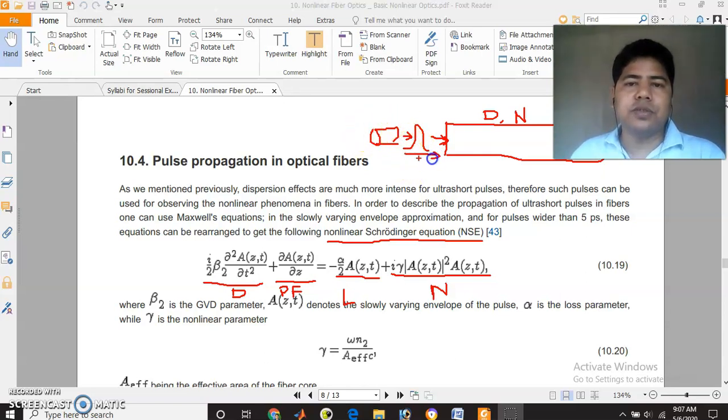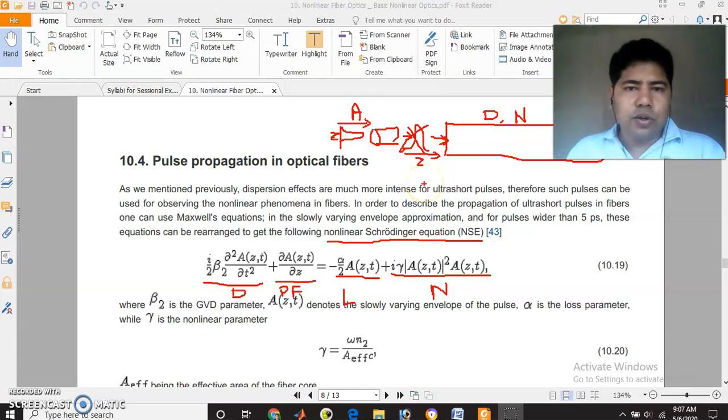This is the spatial distribution, which will be looking like this, and actually this is wrong. The pulse should be like this. Okay, this is Z, and this is the intensity, or we call it here A.